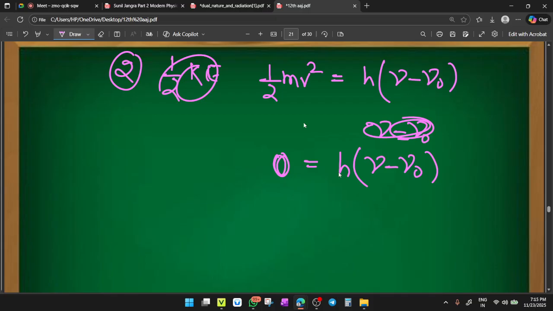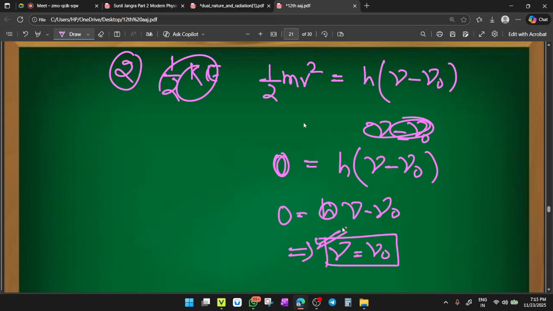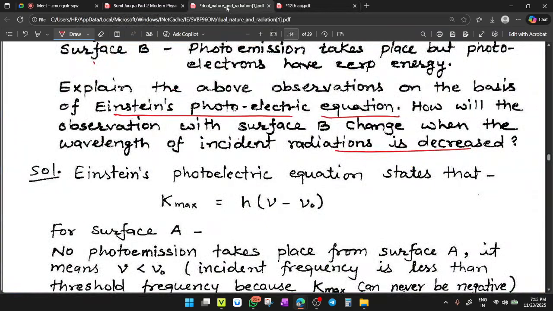Clear? Taking h to the other side, it becomes 0 equals nu minus nu naught. By solving this, you will have nu equals nu naught. Clear? So the incident frequency equals the threshold frequency.